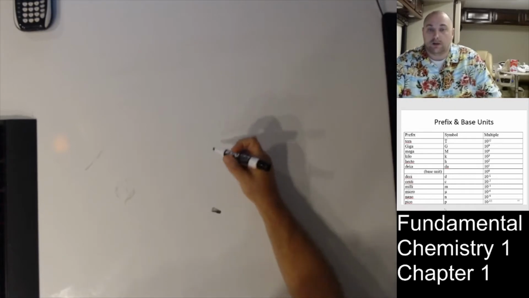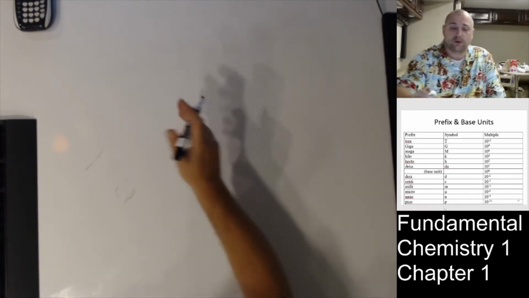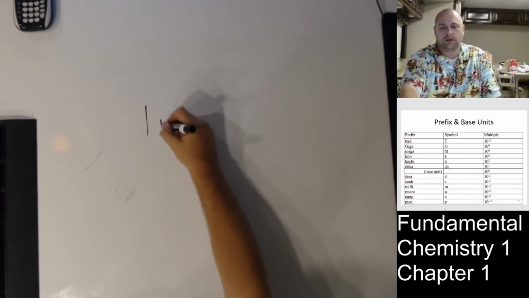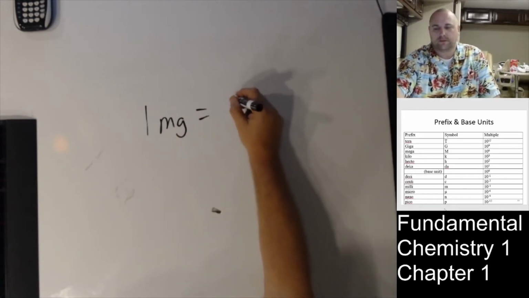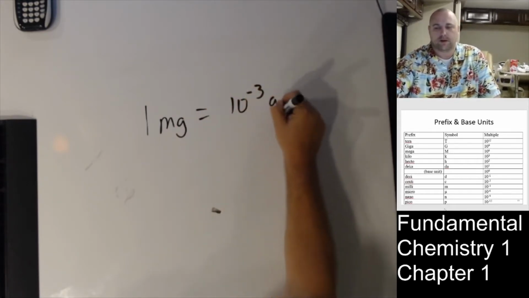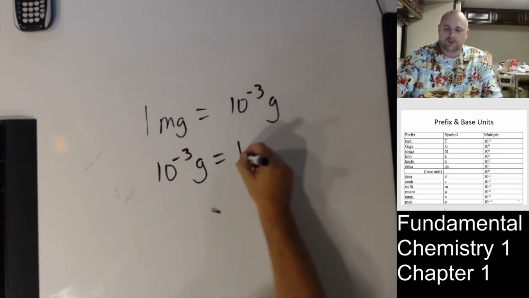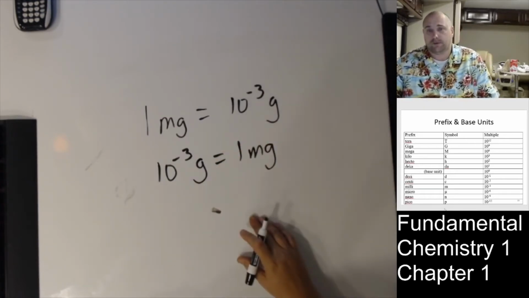But the way you read this table is actually pretty straightforward. And you could write 1 milligram is so many grams, 10 to the minus 3 grams. You would also be correct to write 10 to the minus 3 grams equal 1 milligram. Okay? Both of those are the same, obviously, right?